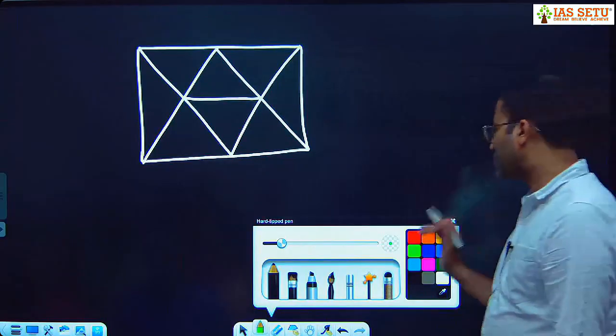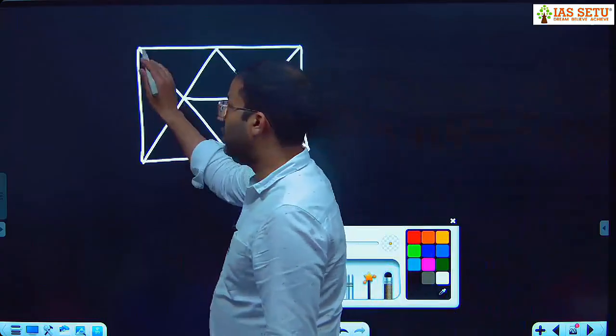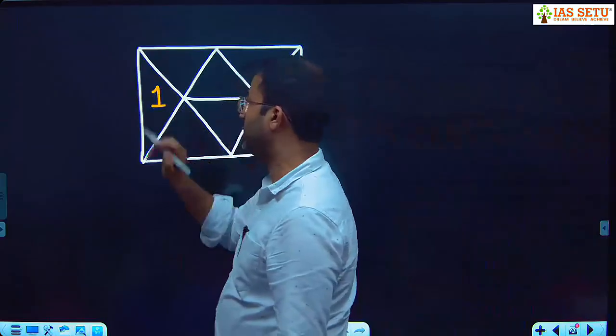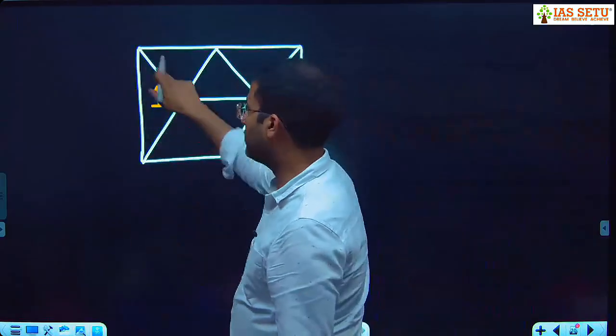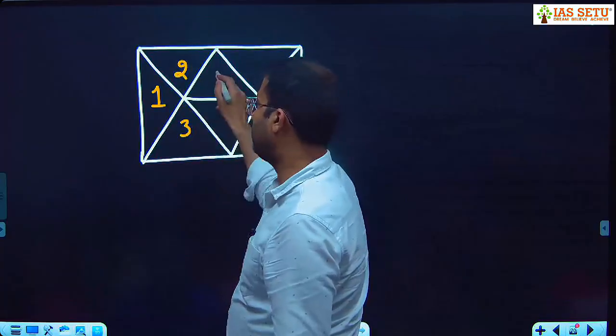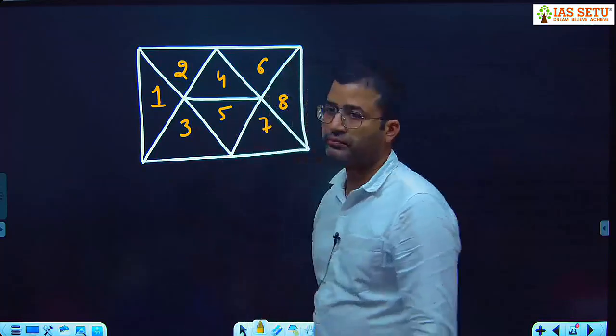So what I will do, I use numbers, but I will not name vertices. I number this figure as 1. This figure I have called figure number 1. Figure number 2, 3, 4, 5, 6, 7, 8.